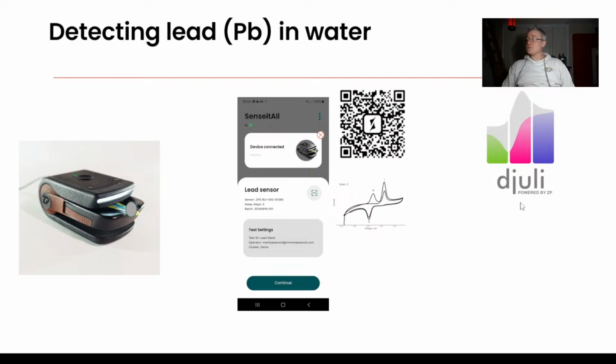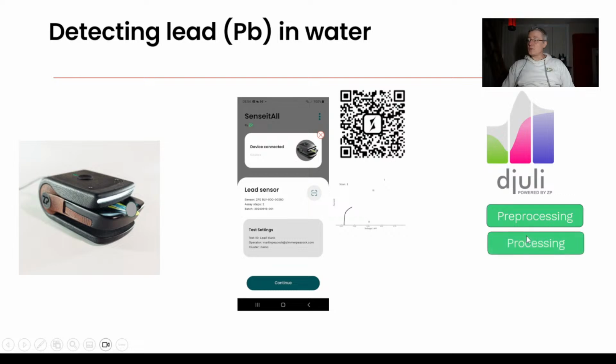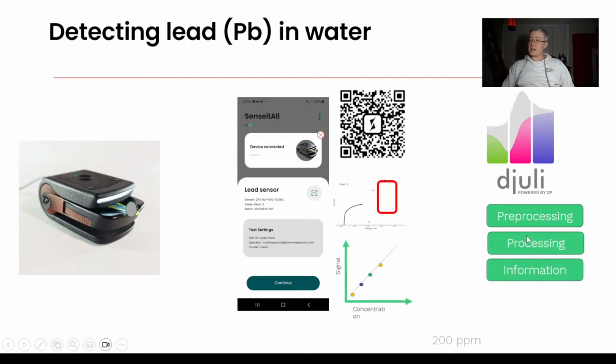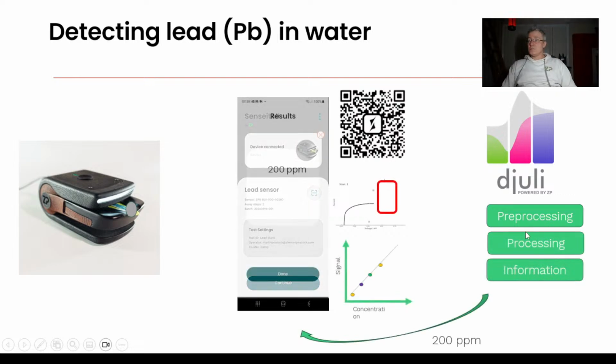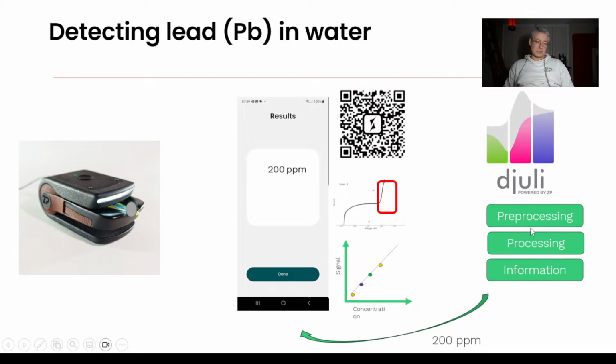This is a real game changer because all the data is then put into the cloud and we process it and send a result back to the smartphone, which is cool because somebody who just needs the result can grab that result. The cloud system also has an API, an application program interface, built into it, which is useful because a lot of organizations these days want to map the results.